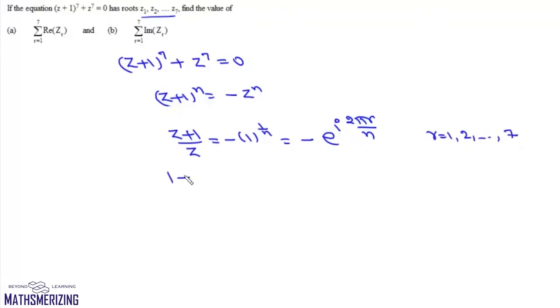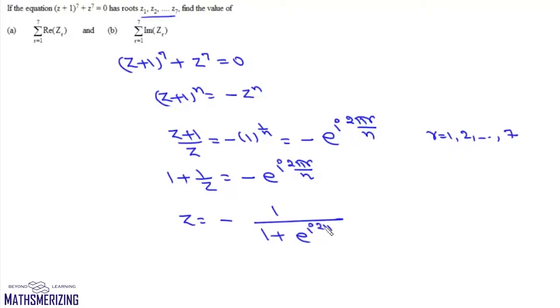Now we can write this as 1 plus 1 upon z equals minus e to the power iota 2 pi r by n, so z equals minus 1 upon 1 plus e to the power iota 2 pi r by n. Now what we'll do is we'll divide numerator and denominator by e to the power iota pi r by n.